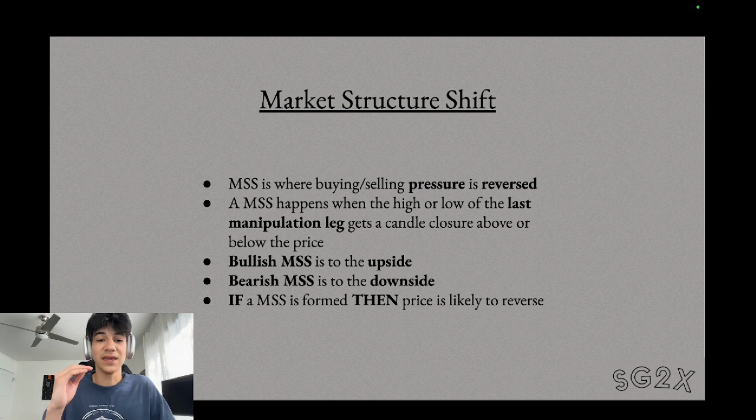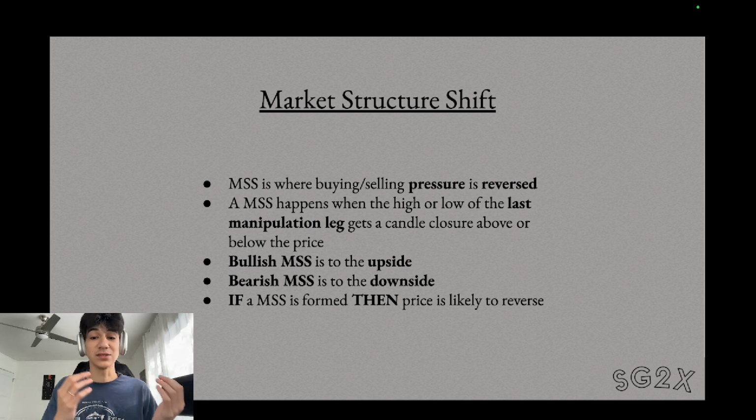And then we have a bullish market structure shift to the upside, and a bearish market structure shift to the downside, as you could probably imagine. And if a market structure shift is formed, then price is likely to reverse. So we can locate and mark out a market structure shift and have the conviction that price is going to go down now because a market structure shift happened.